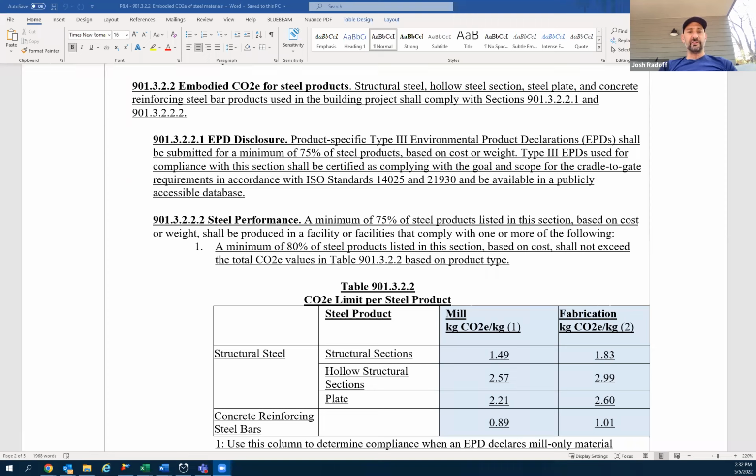I guess what I'm getting to is, you said that most steel made in the US, I think, would fall under this limit. Is that just because this limit is targeted to essentially filter out the blast oxygen furnace steel that would likely be manufactured in China and imported? Or is there sort of more nuance in terms of selecting steel that is electric but still lower emissions electric than other steel?